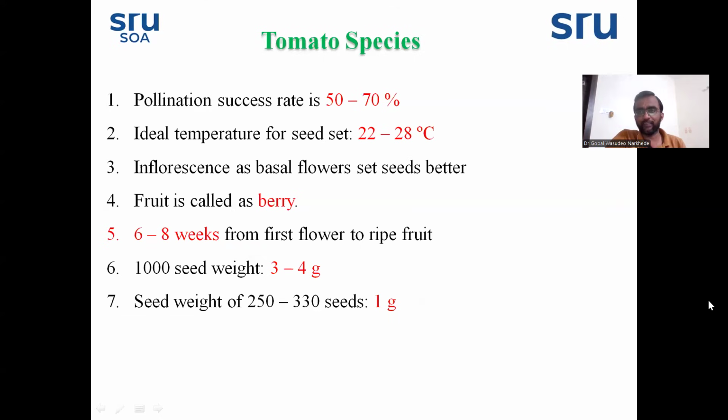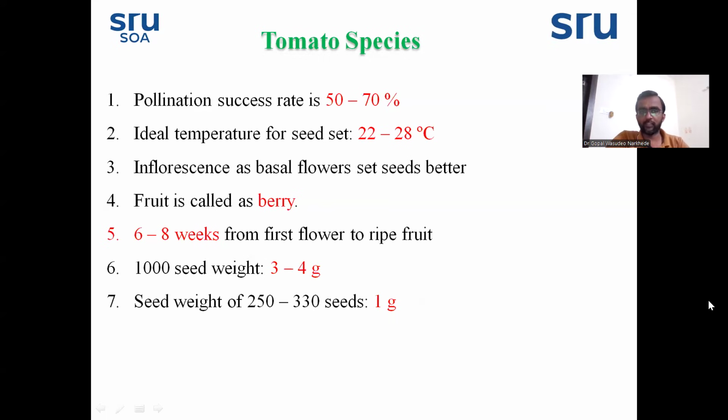So pollination success rate in tomato is 50 to 70%. Ideal temperature for seed set is 22 to 28 degrees centigrade. In the inflorescence, the basal flowers set seed better.